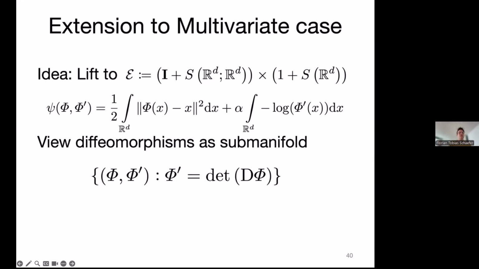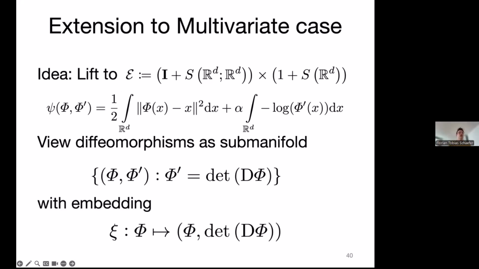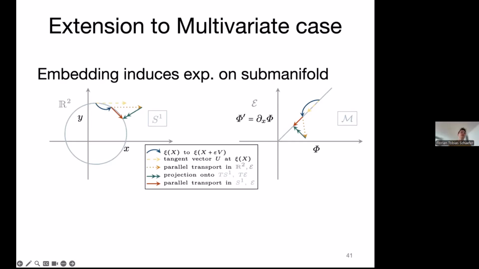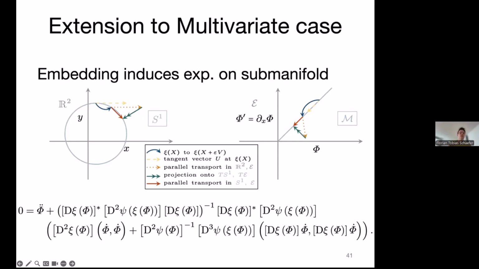Instead, we have to view the diffeomorphisms as a submanifold of a lifted space, and then we have to compute its embedding curvature. So please feel free to ask me questions. In the interest of time, I want to brush over this.